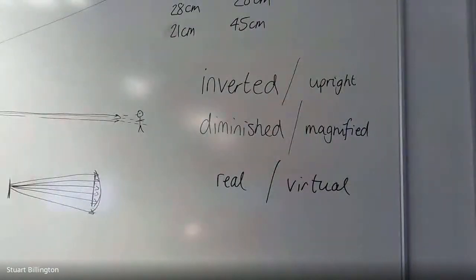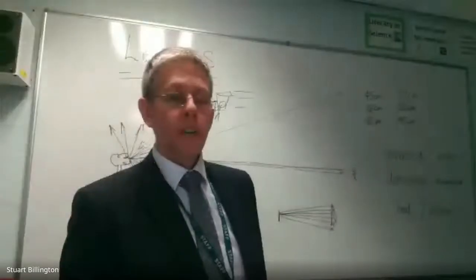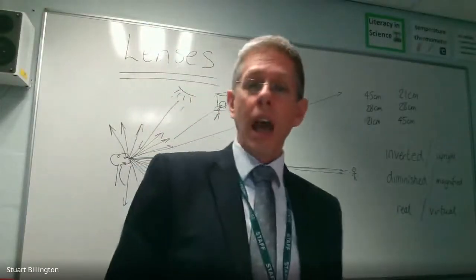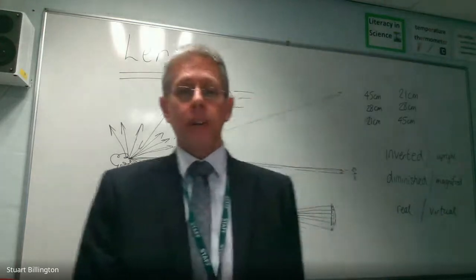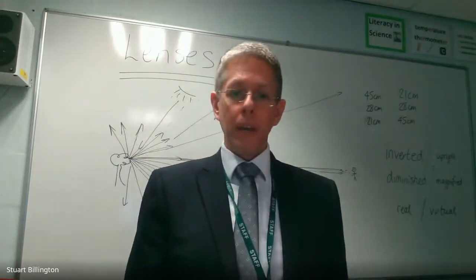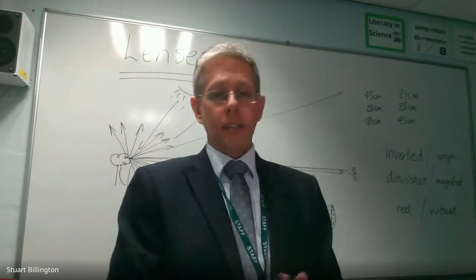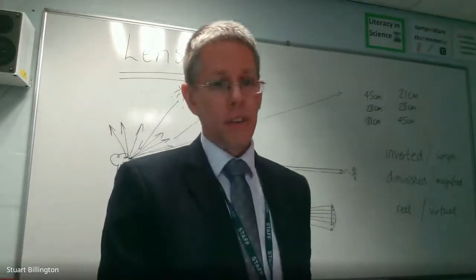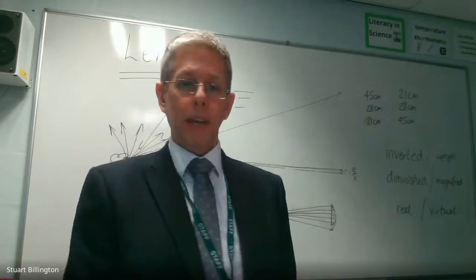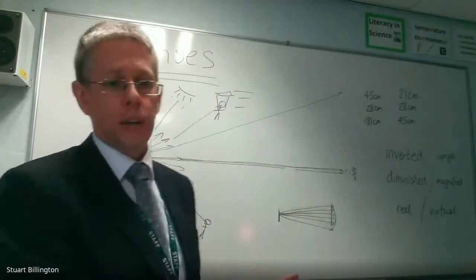What I do want you to do, though, whether you got a Flash player or not, is between now and next lesson, have a little go to see if you can analyze your data that we've got today to try to come up with any rules about how lenses work. So, for instance, a rule might be, if the object is further away than this, then the image will be, and then describe it to me.